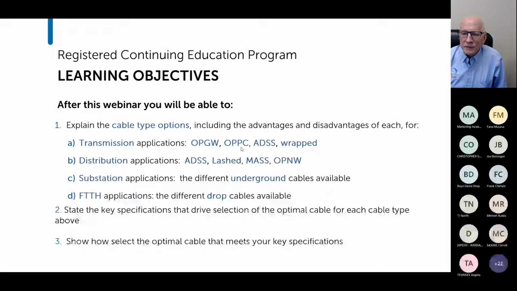We'll talk about lots of different cables at a high level. And one of the things I use again and again is to talk about the advantages and disadvantages of one type versus another.